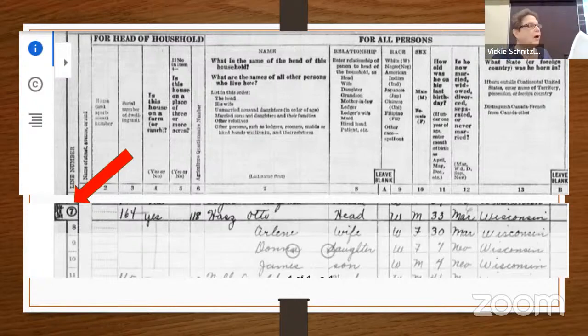But there were some other questions that they asked those specific people. And that information gets taken and put into the bottom part of the form. So each of those little tabs that are up on top, the numbers, and my dad is on line number 7, you would go down to the bottom part and find where number 7 is. And we'll look at some of those things.